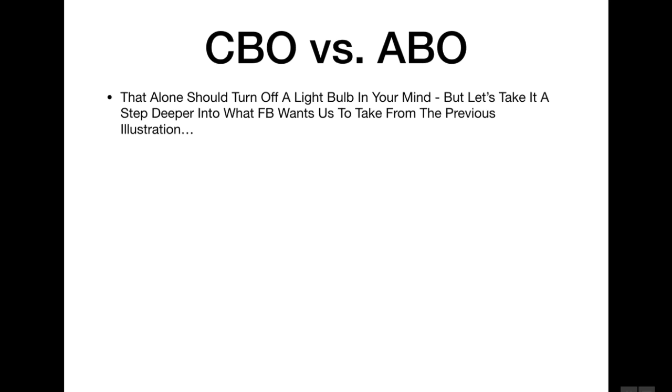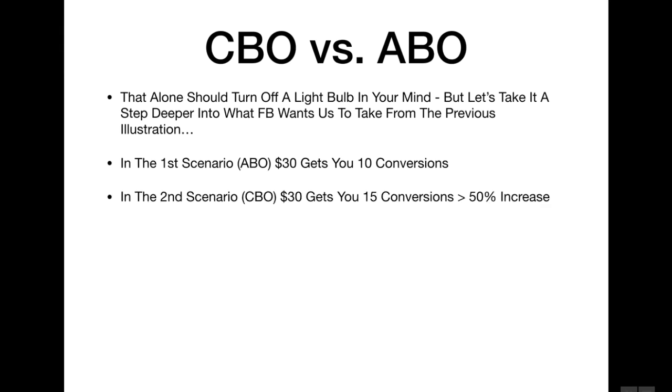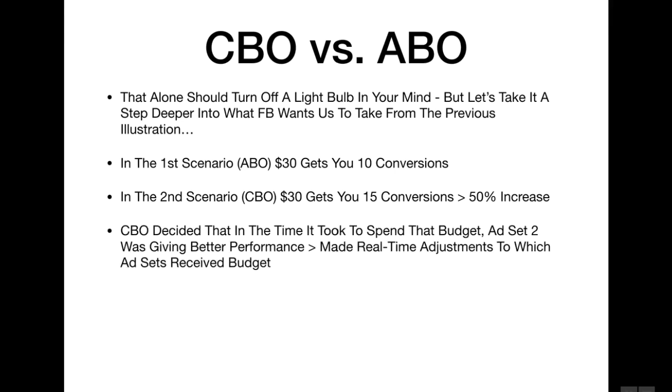But let's take it a step deeper into what Facebook wants us to take from the previous illustration. Again, in the first scenario, you saw ABO, $30 gets you 10 conversions, as I said. Now, in the second scenario, with CBO the same $30 gets you 15 conversions, which is a 50% increase, guys. I mean, imagine that.